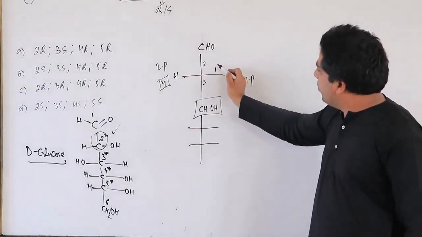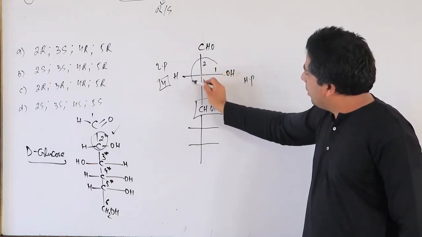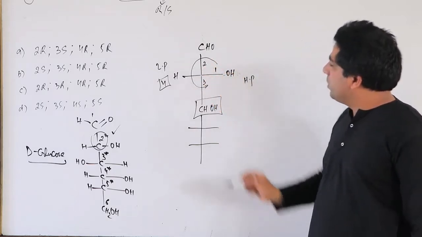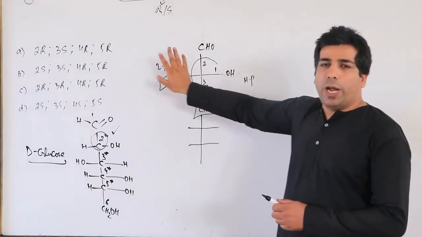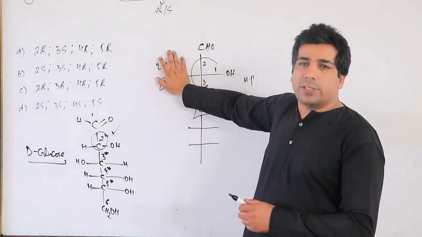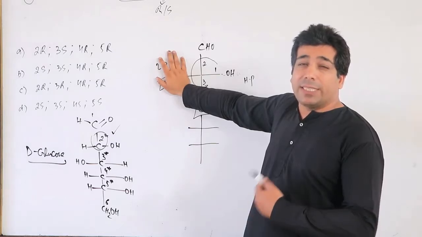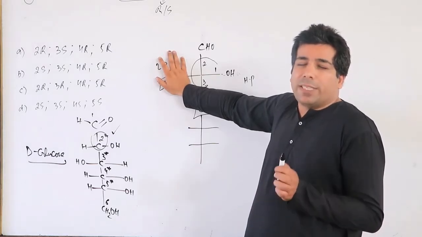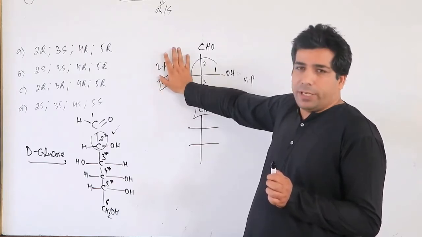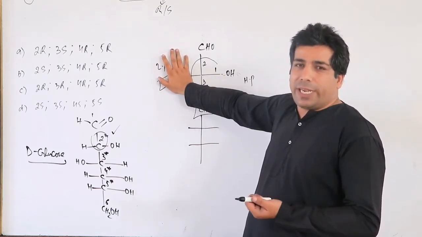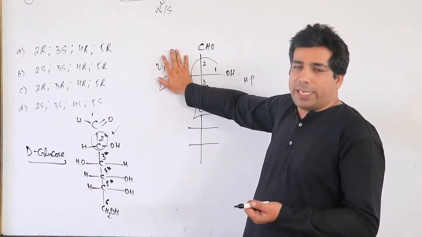So rotation has to be from 1 to 3. So this is the rotation. Actually you are moving from 1, 2 to 4, but you have to imagine that 4 does not exist. Imagine that there is nothing like 4. You imagine that you are moving from 1 to 3, because 4 is the lowest priority. You think that this group is not existing here because it will be out of plane actually.